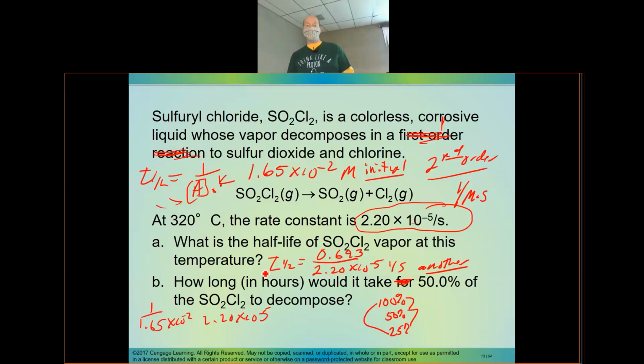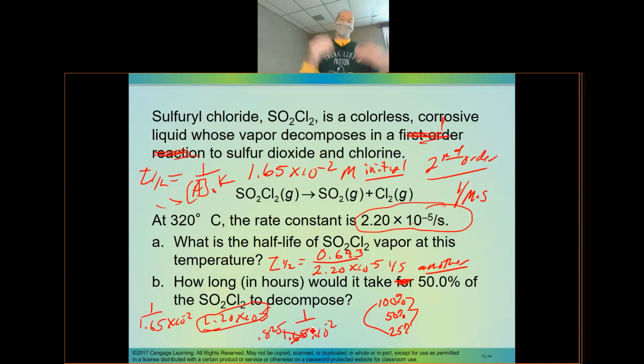What you're going to find is the next time you do it, you're going to have 1 over K times 1.65 times 10 to the minus 2. That is not your initial concentration for the second time. For the second time, it is half of that, and that is 0.825 times 10 to the minus 2. Now, K is a constant, and it will not change.